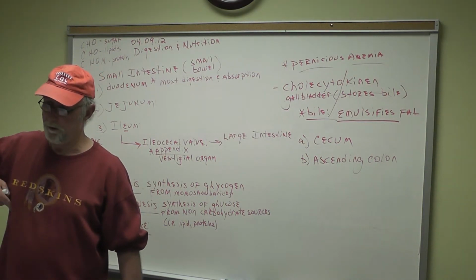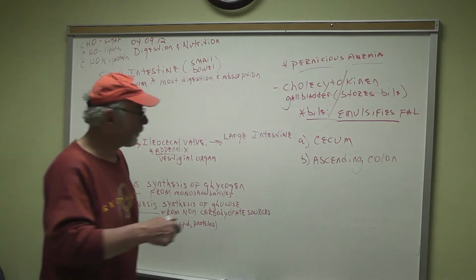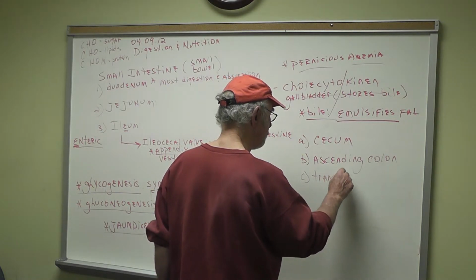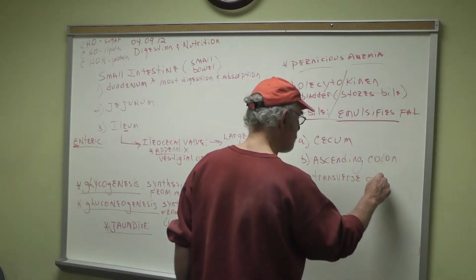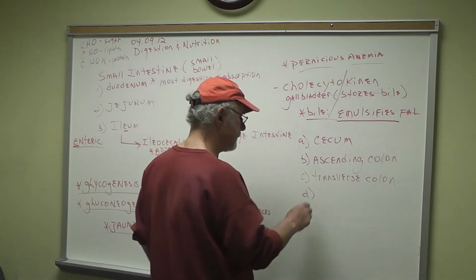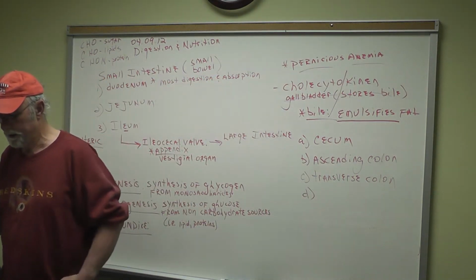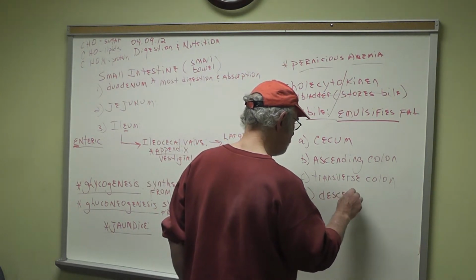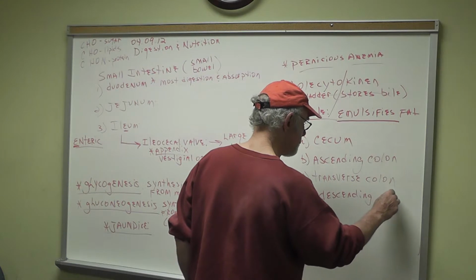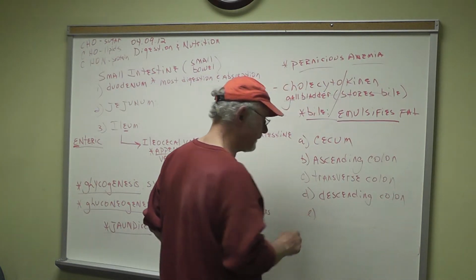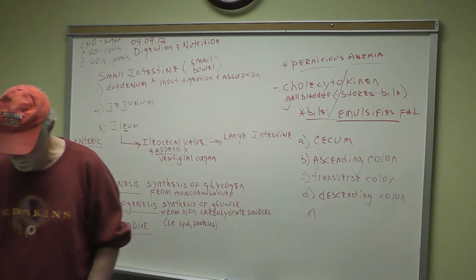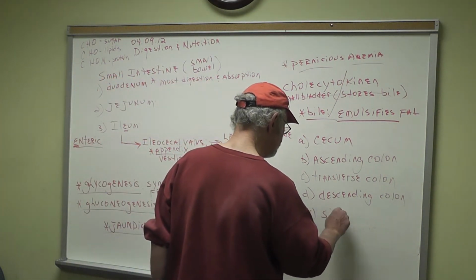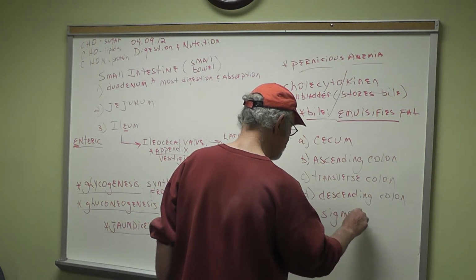So the ascending colon, then the transverse colon, and then the left side, the descending colon, and then you have the sigmoid colon, so-called because of its shape.